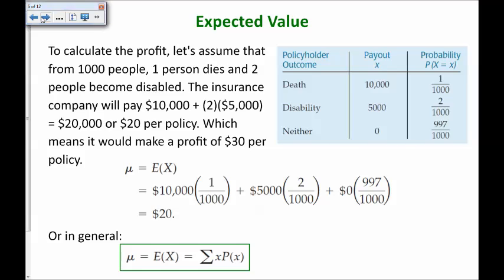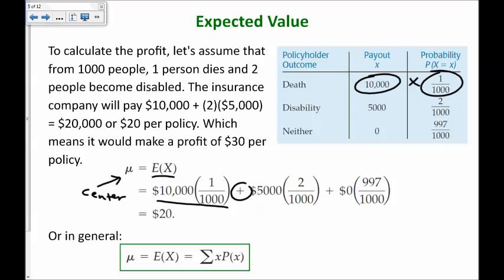Now, the expected value, or the mean, this is the center of this distribution. The mean would be the expected value. That's what this symbol is right here. We would take each value and multiply by the probability of that value, and add the value times the probability that that value would occur, and this times this, and add those together.